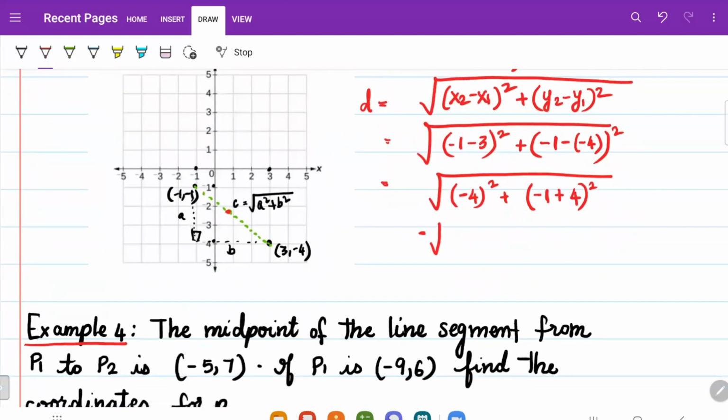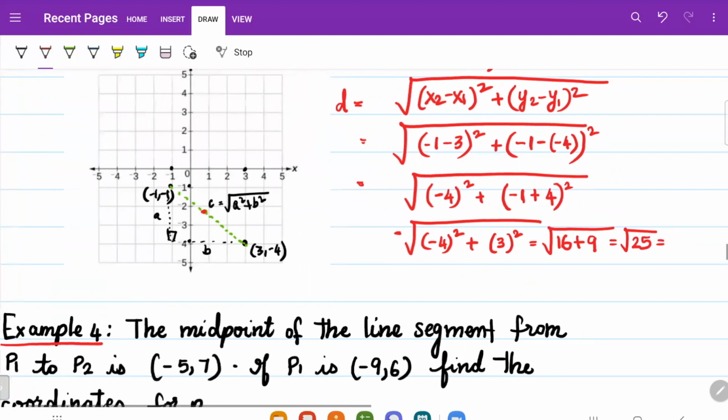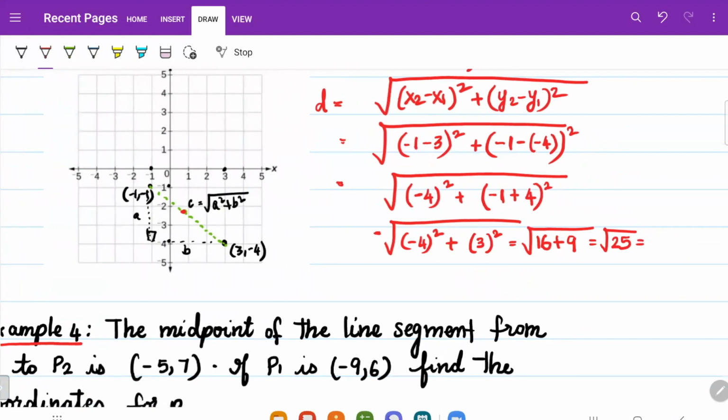And then this would be (minus 4) whole square plus 3 square, which is 16 plus 9, which will give you root 25, which is technically plus or minus 5, but here we are talking about distance, which is always positive. So we just write it as 5. So the distance is 5 units.